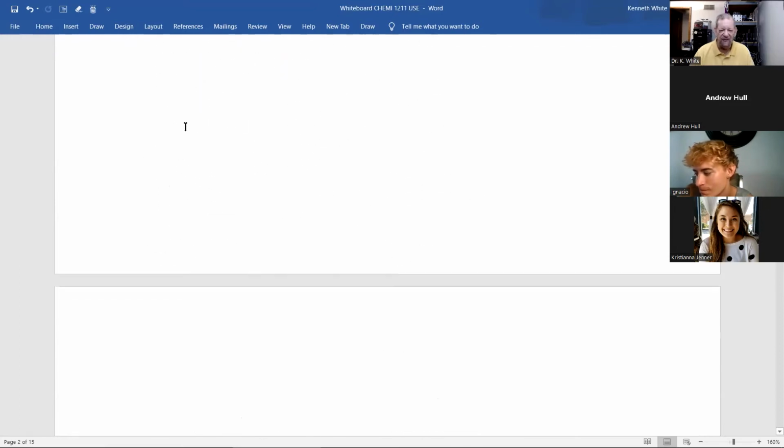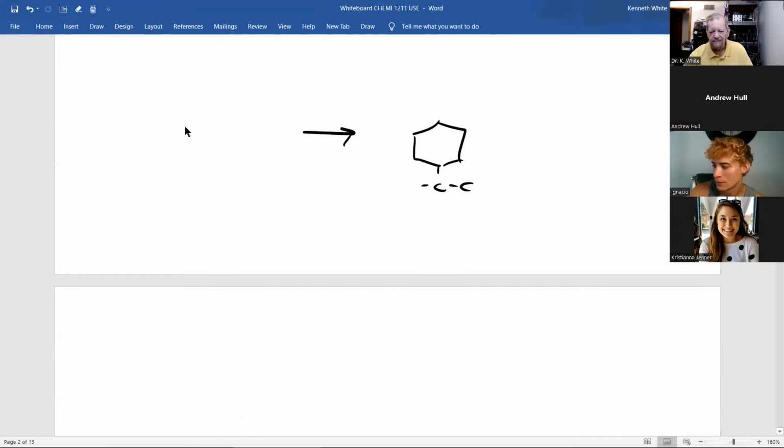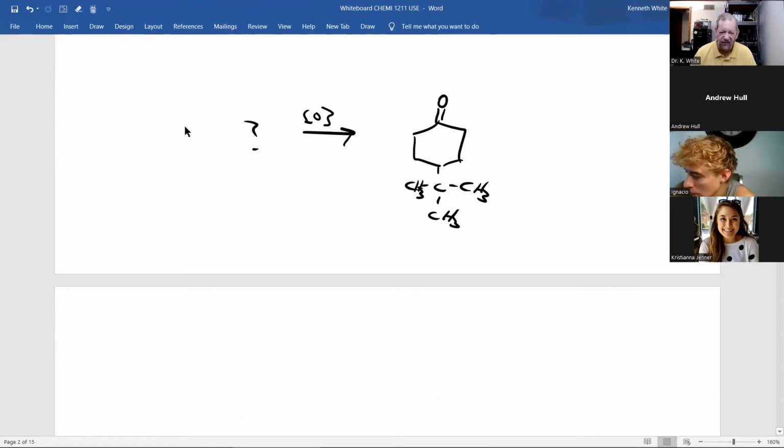Oh, let's have some fun with this. What molecule would you oxidize?